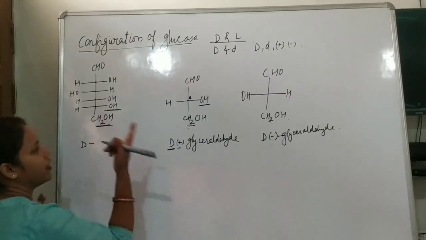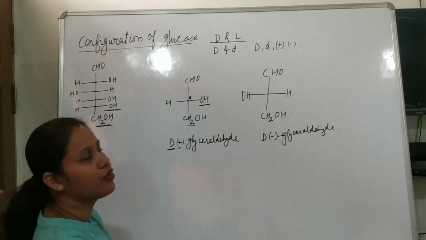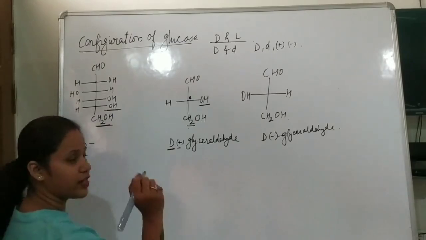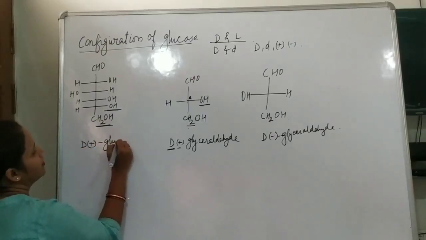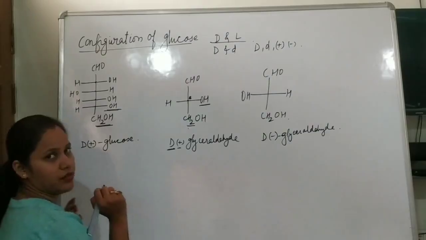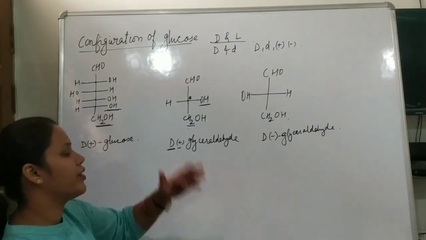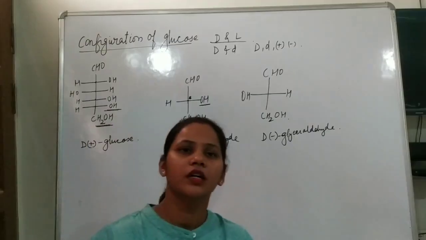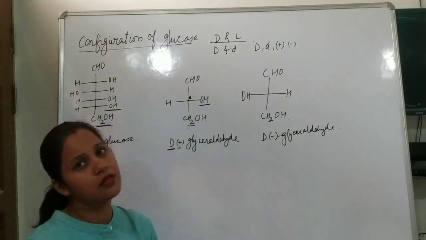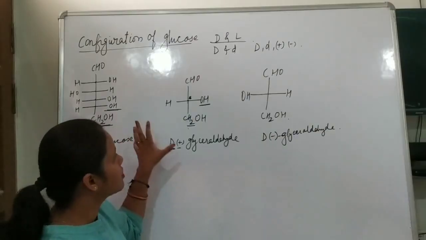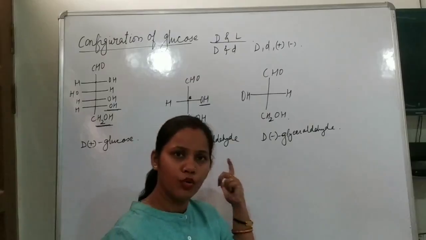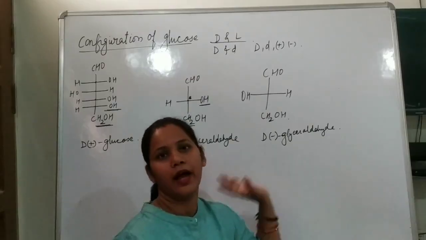And if it rotates the plane polarized light in the clockwise direction, then it has a positive sign. If it rotates anti-clockwise, then it will be D minus, because it belongs to the D series. Okay, so this is the configuration of glucose with respect to glyceraldehyde.